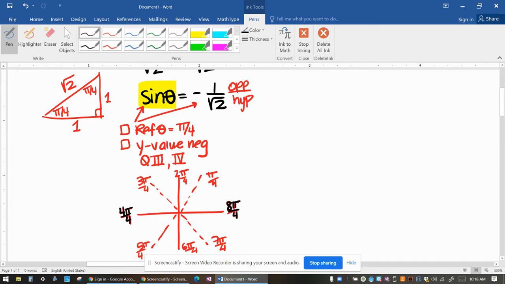All right, so I'm going to draw my special triangles in quadrant 3 and quadrant 4. So reference angle of pi over 4. So label your side lengths. And your solutions are the angles that end in those quadrants.